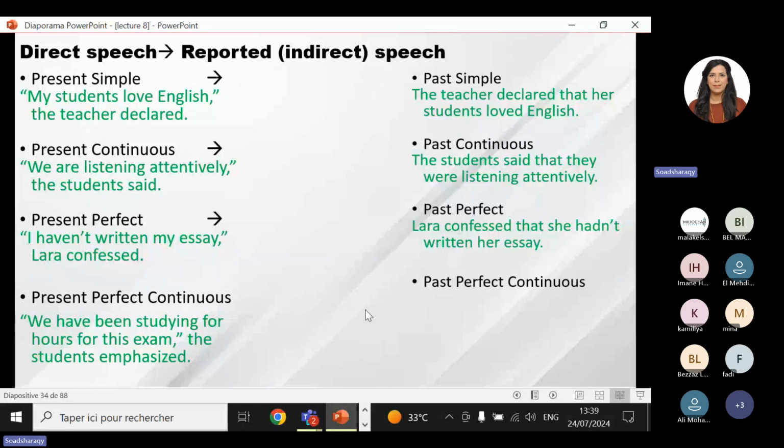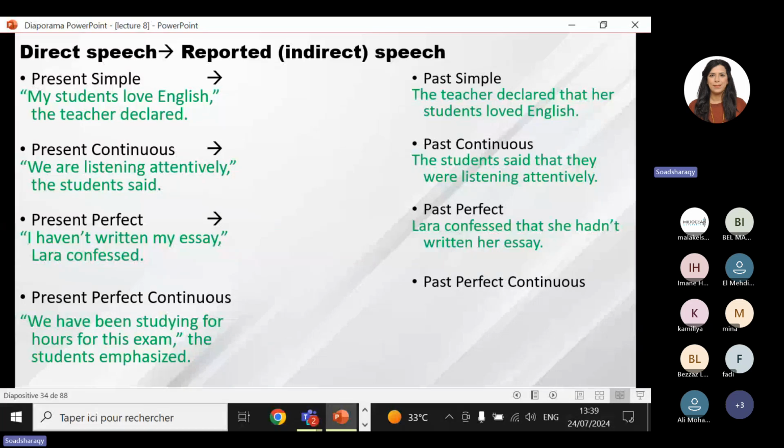In the reported speech, so what did you change? I changed have by had. And this I changed it into that.